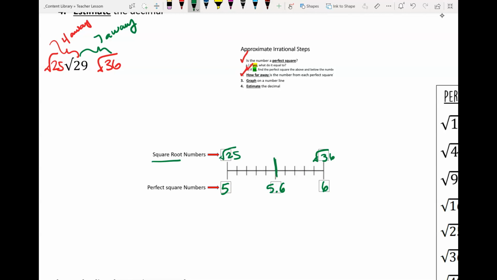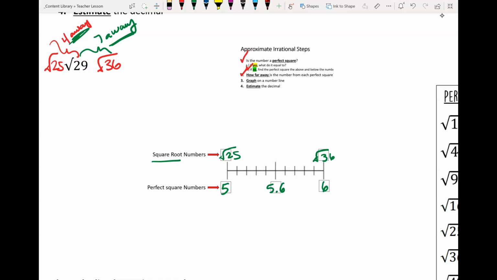Why? Because take a look: one is 4 away and one is 7 away. The square root of 29 is 4 away from the square root of 25, and 7 away from the square root of 36.